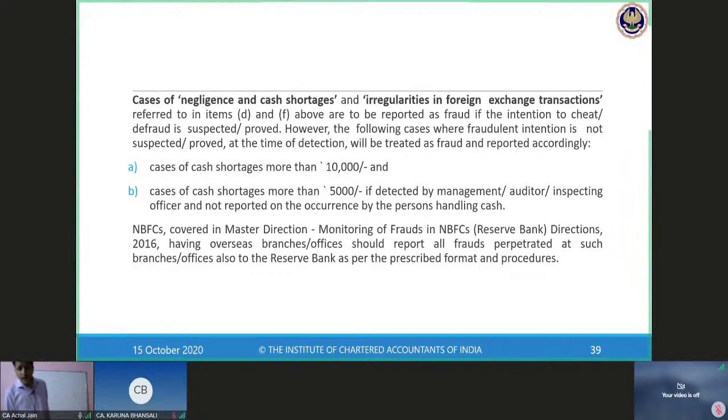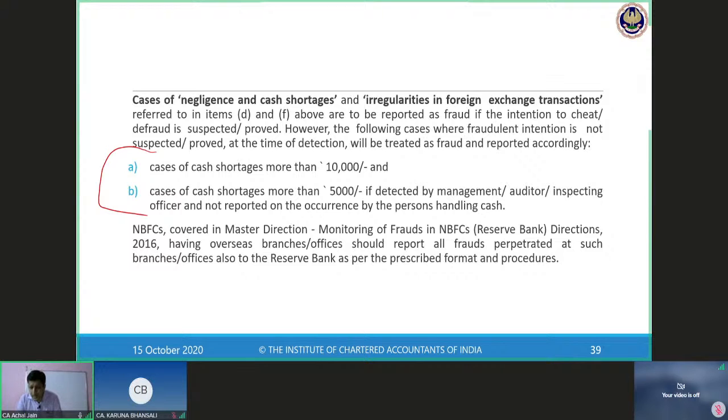So we are saying, however, in following cases where the fraudulent intention is not suspected or proved, that means at the time of detection itself, fraud will be considered and those will be treated as fraud and those will be reported accordingly. So let's understand what are those.